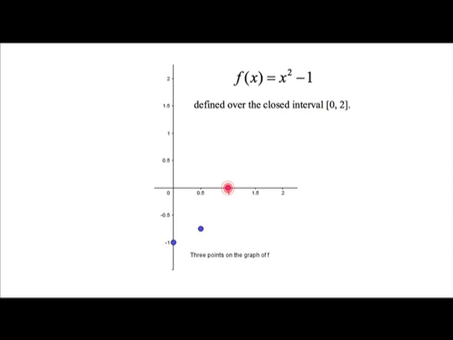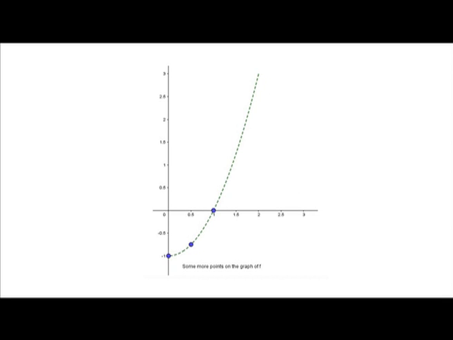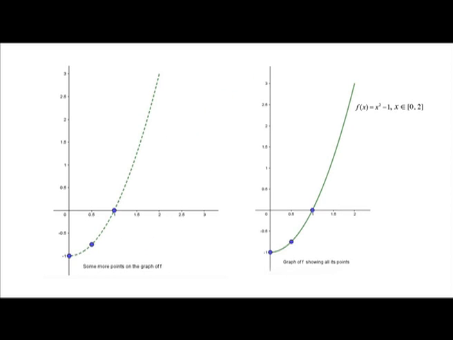Similarly, points like (1, 0) can be found on the graph. We have infinitely many points inside the closed interval [0, 2]. So, there are infinitely many points on the graph, and hence plotting each point on the graph in real life is an impossible task.